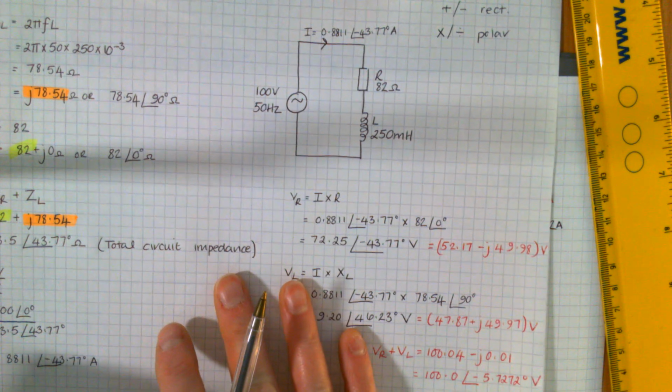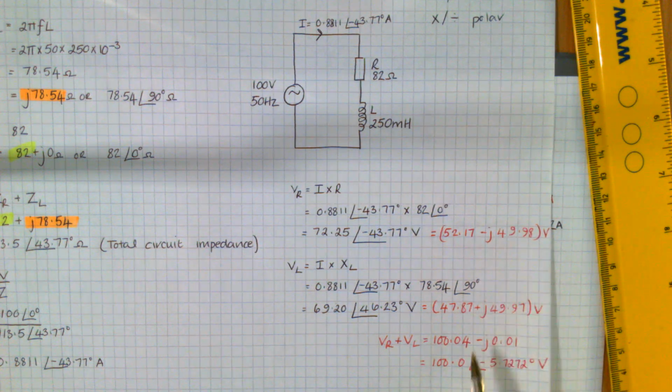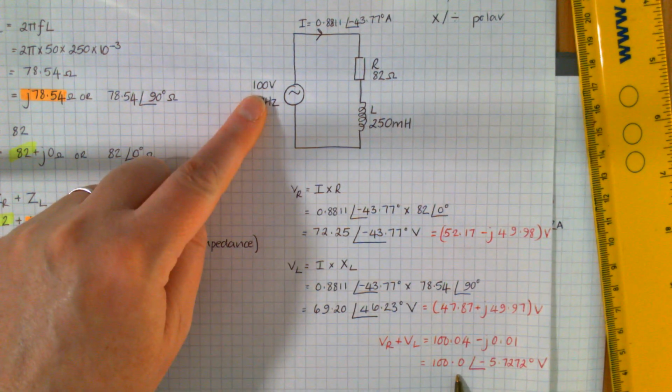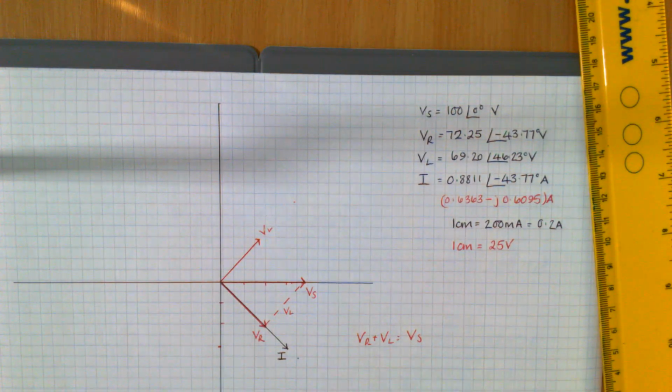But pretty much one checks the other. So if you convert them back into rectangular form and add them up, you'll get your supply voltage, or you can use our phasor diagram and do the same thing.